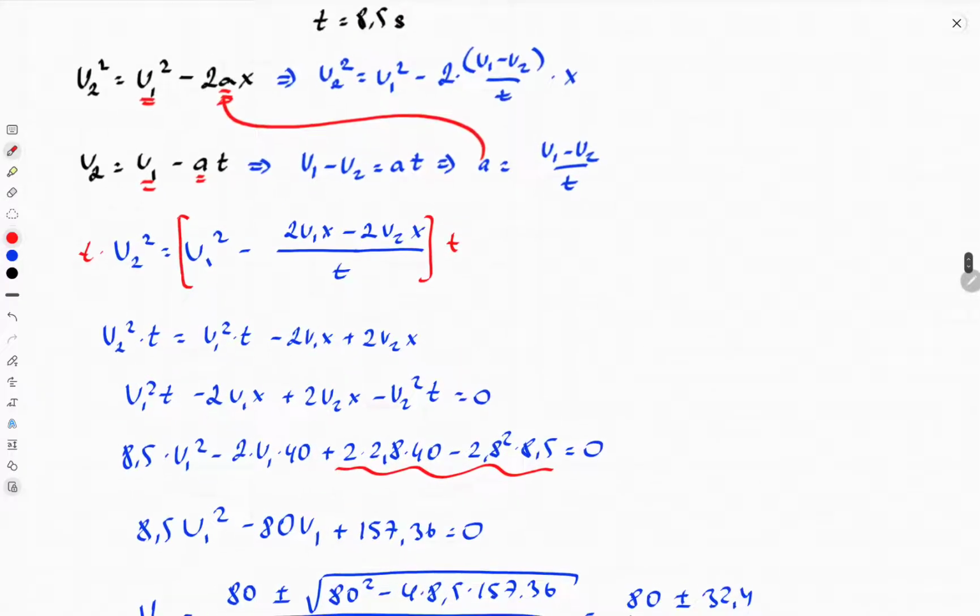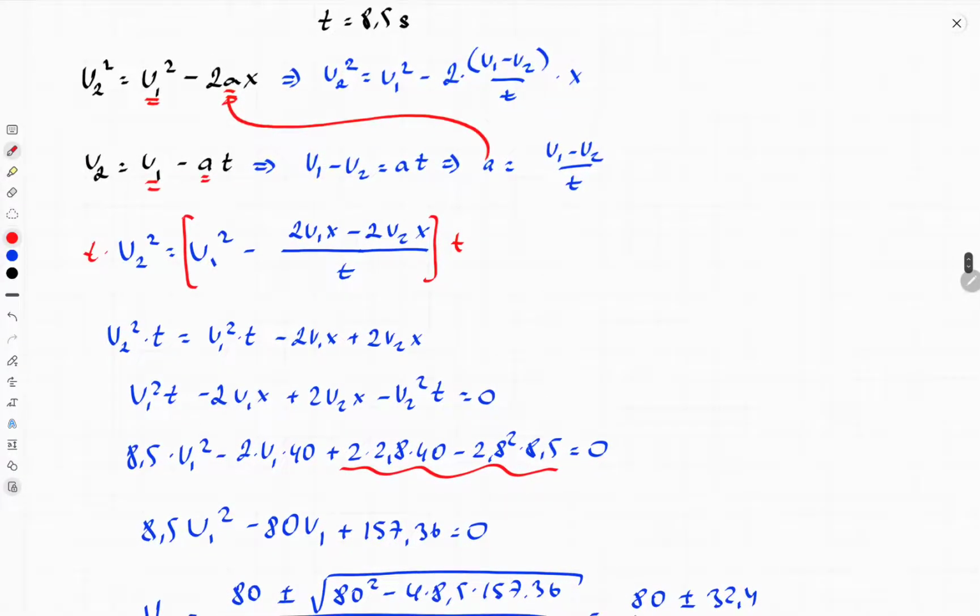So now we can come back to this equation, for example. Now we know the initial velocity's value 6.6, final velocity 2.8, over time 8.5. From here, acceleration will be equal to 0.44, approximately 0.45, maybe we can round it.